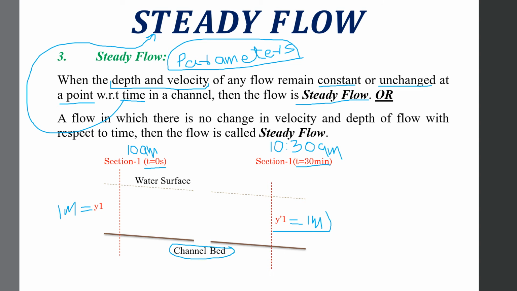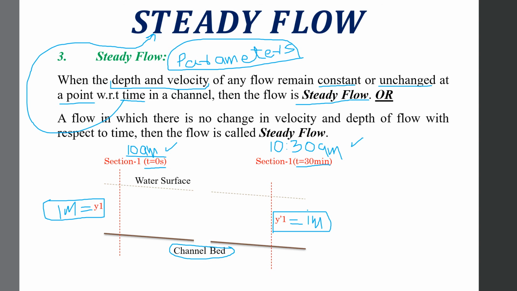So you can say that with respect to changing time, there is no change in the depth of flow, so the flow is steady. There is no difference. This is the same section, but at different time frames. This is at t is 0 second, 10 a.m., when time was 0. This is at 10:30 a.m. when the time of experimentation was 30 minutes.